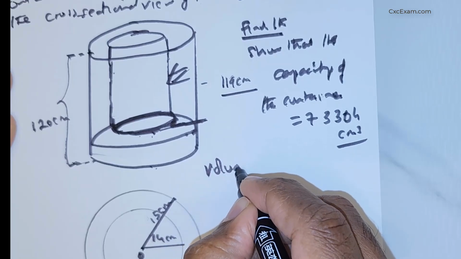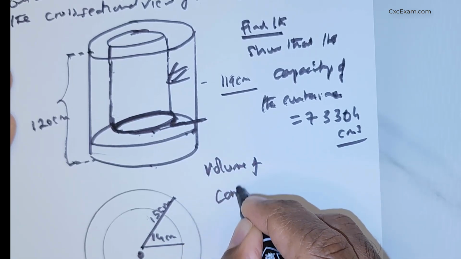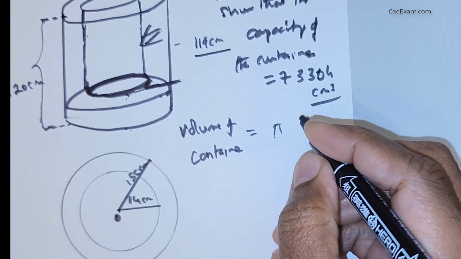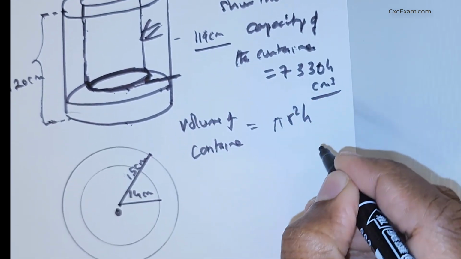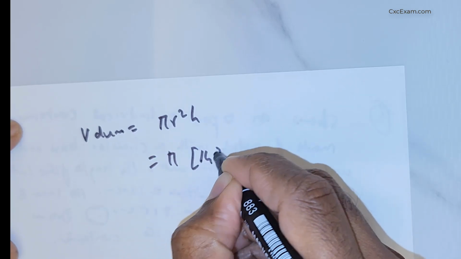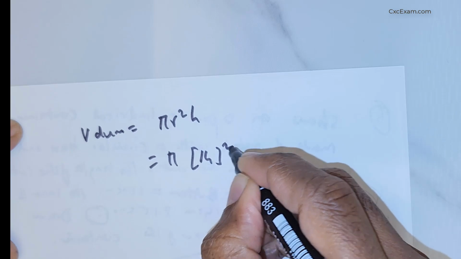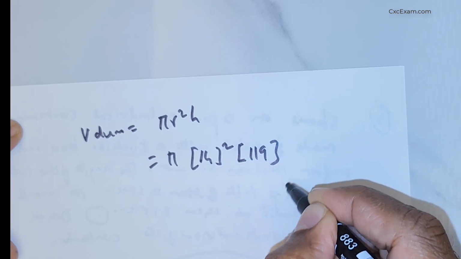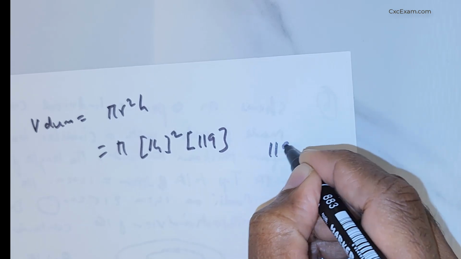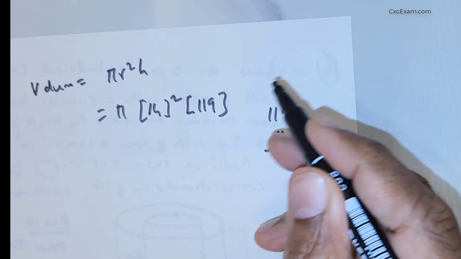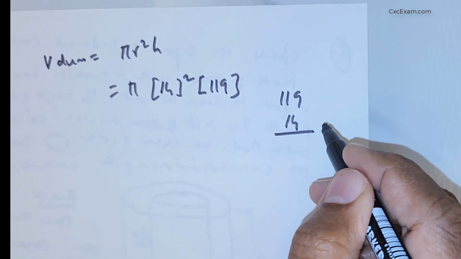Now the volume of the container is cylindrical in nature, so we use the volume of the cylinder, which is pi r squared h. That is pi times 14 squared times the height of 119. So you will have to multiply 119 by 14. If you have a calculator, you can use it.